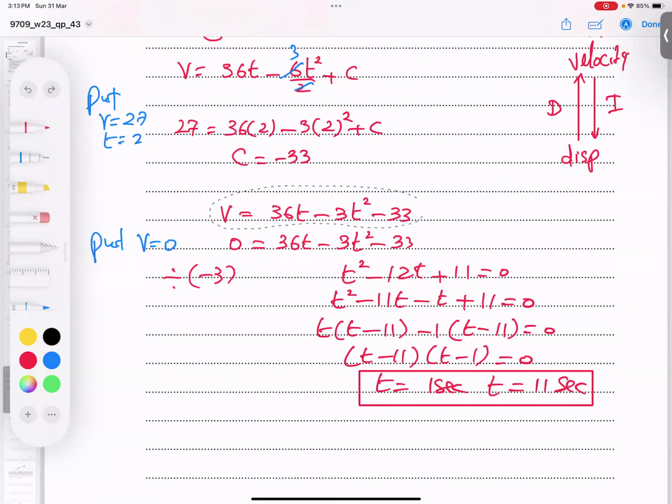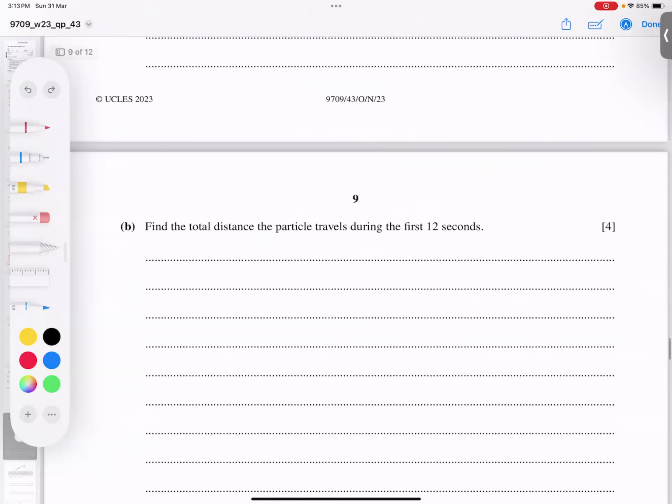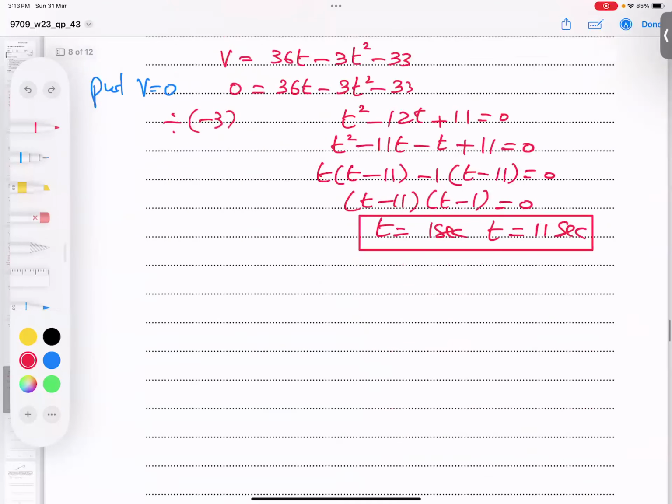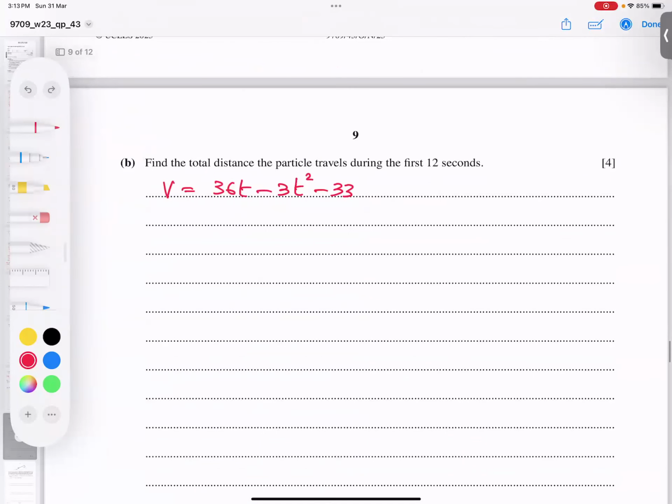I need it again and again, so I will copy this velocity here. And as I said before, if I need distance, I need to integrate once again, but before I start integration, I need to sketch it. It is a very important sketch. Although the examiner is not asking for sketching, it is important.